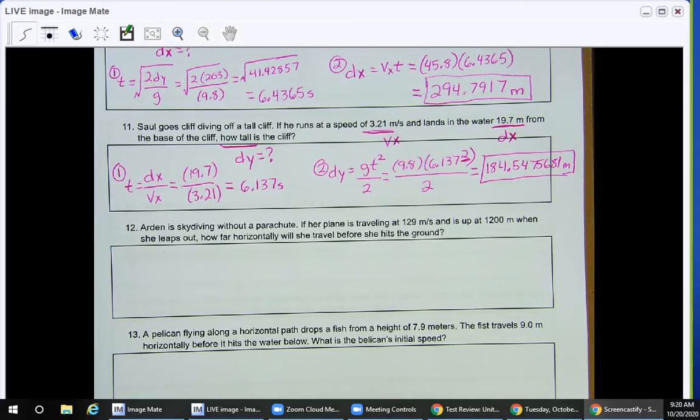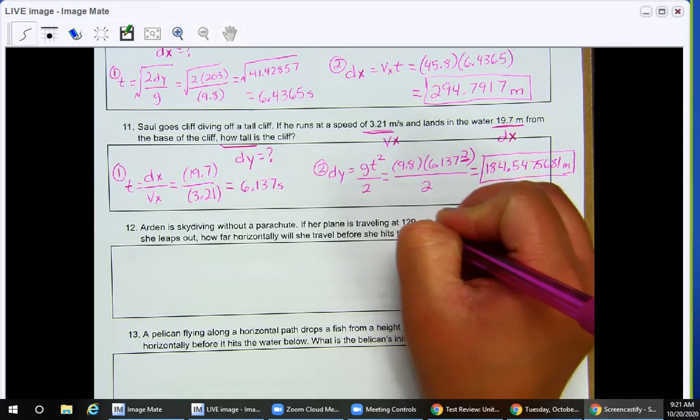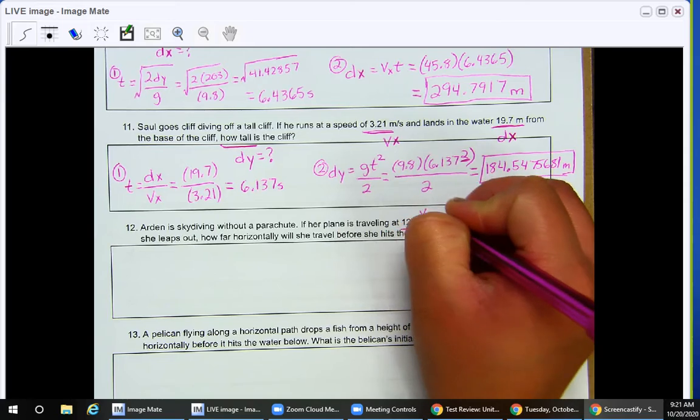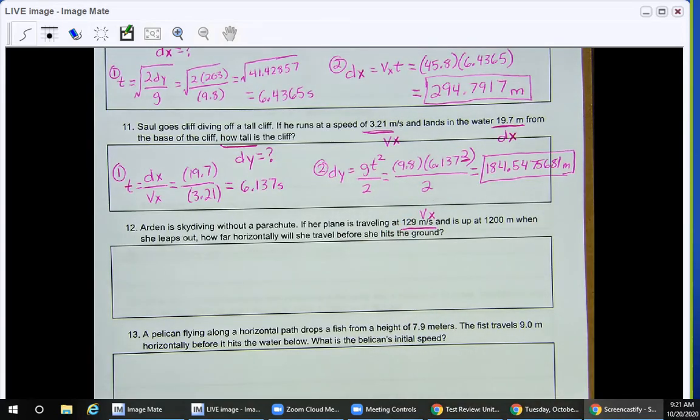Number 12, Arden is skydiving without a parachute. If her plane is traveling at 129 meters per second and is up at 1,200 meters when she leaps out, how far horizontally will she travel before she hits the ground? So we know she's traveling at this velocity. And again, that's going to be her Vx.